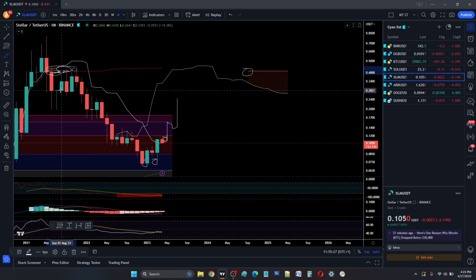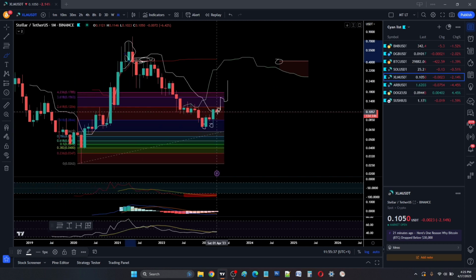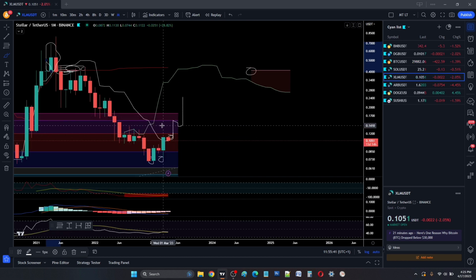But once we broke it, it took no time to reach the 75-80 cents level. I'm very bullish on Stellar Lumens, and my short-term price targets are 12 cents, followed by 16 cents, then 17 cents, 27 cents, 33 cents, and then 43 cents.